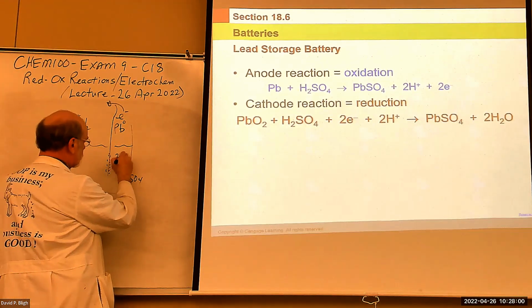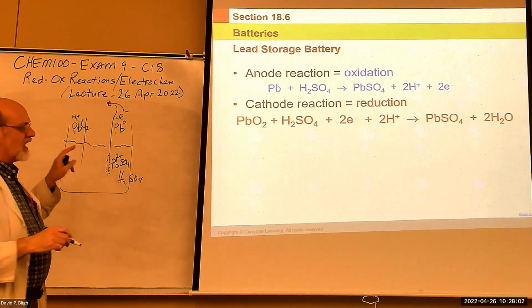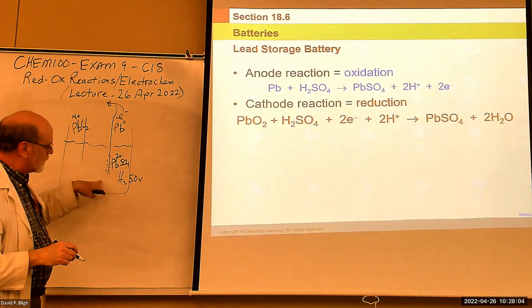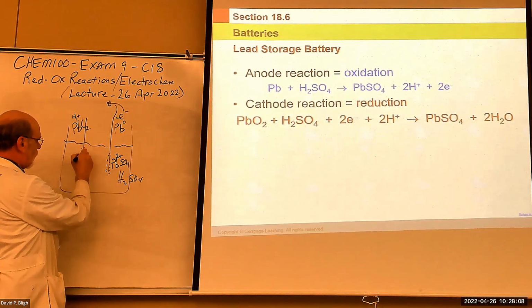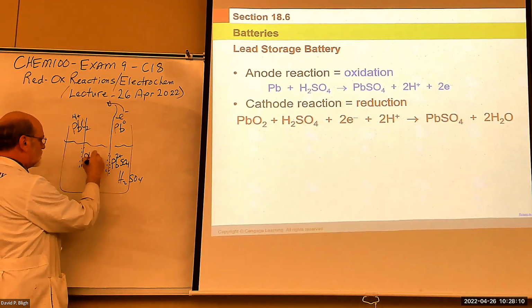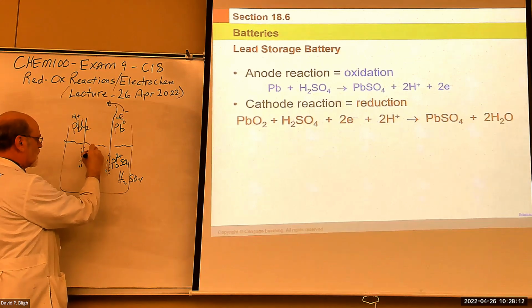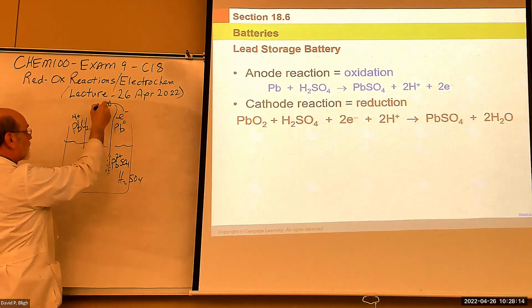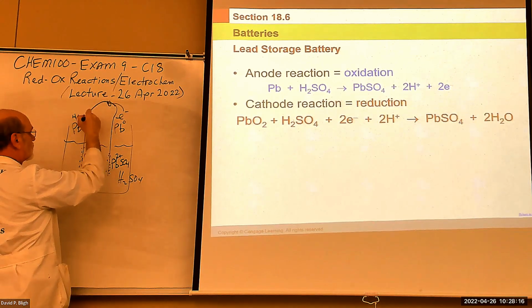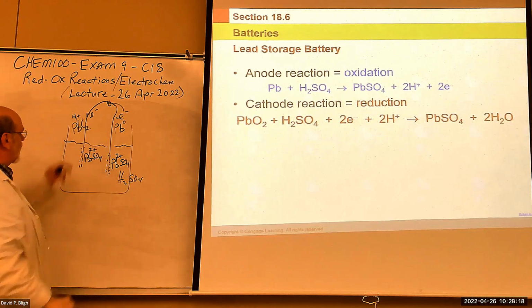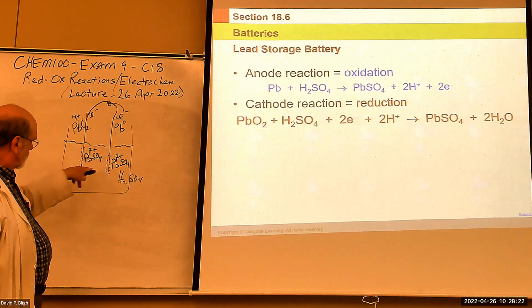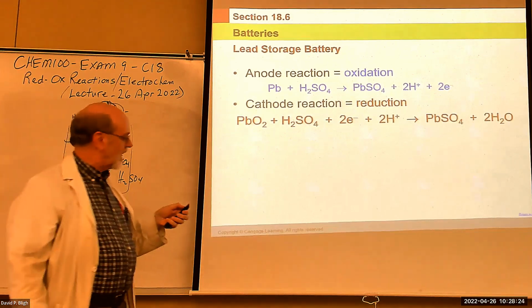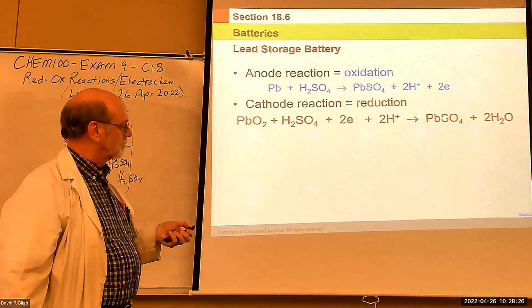The lead oxide also reacts with the sulfuric acid and produces lead sulfate with 2+ charge. So the electrons go over here and reduce that lead in the plate to lead sulfate by this reaction.